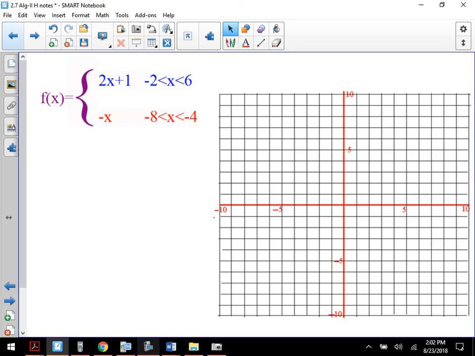Sometimes you're only looking for a chunk of a function. We're not looking for the continuance to negative infinity or to positive infinity. We're looking for the function just to occur within a specific parameter. Very similar to what we did with the step function, but the step functions were always horizontal.